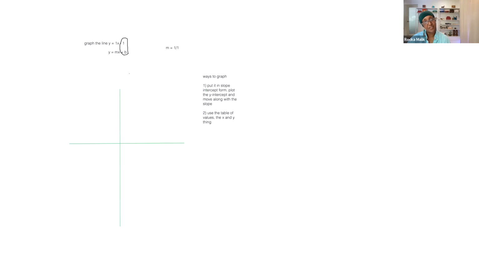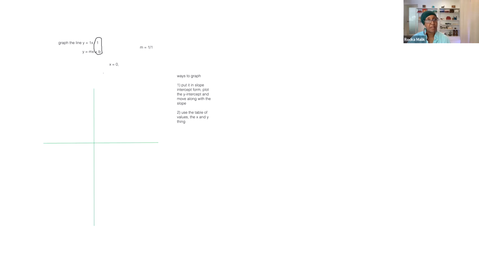From this point. And this point right here is my y-intercept. It is the point that I get when x equals 0. So when I plug x equals 0 into this equation, y equals 1 times x, which is 0, minus 1.